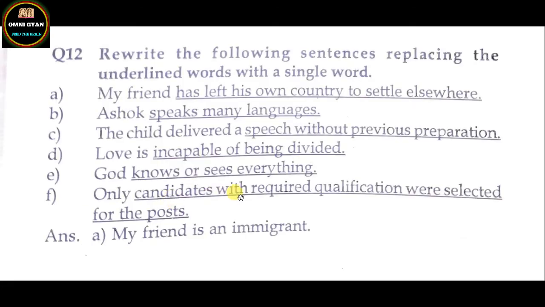The next one: only candidates with required qualification were selected for the post. You often see in interviews, in advertisements in the newspapers for different posts, it is given that eligible candidates. Eligible means candidates who have the required qualifications that were asked by that institution, by that organization. Say for example, there's an organization ABC which has a post vacant, and they are selecting candidates.